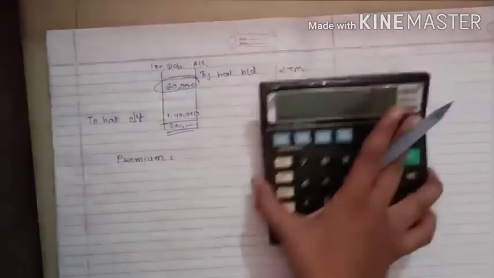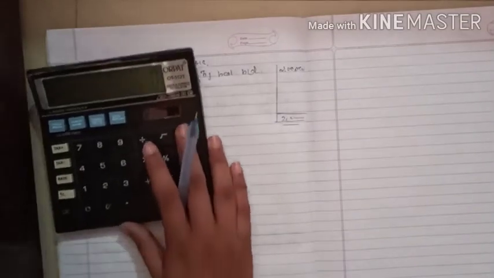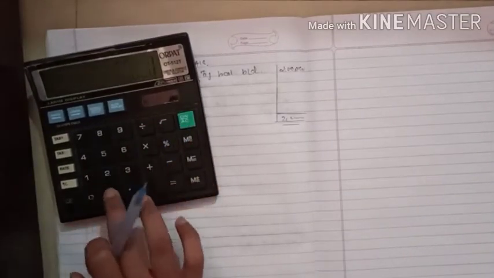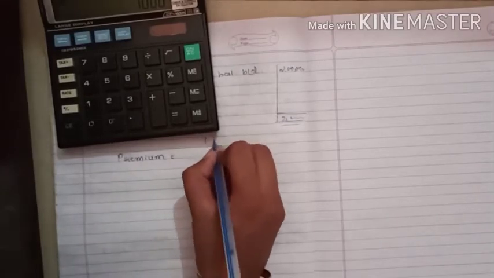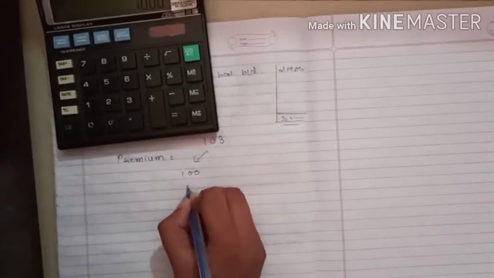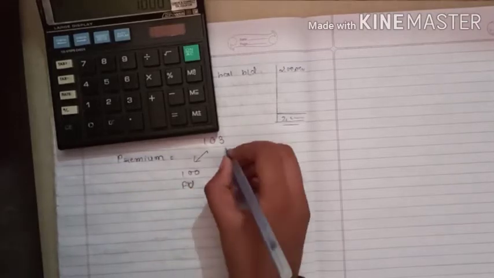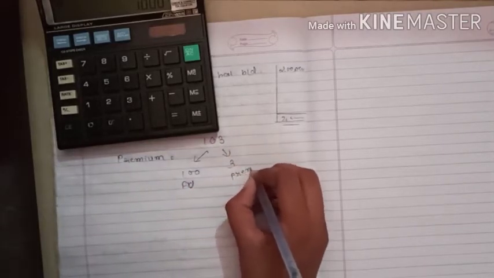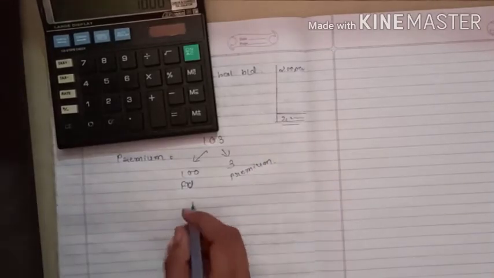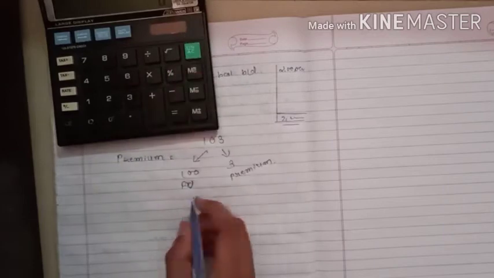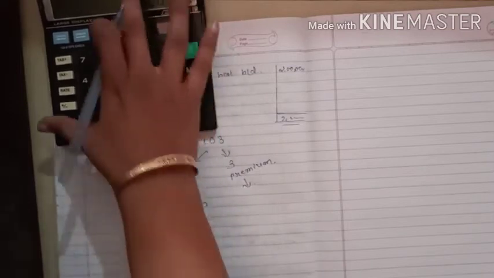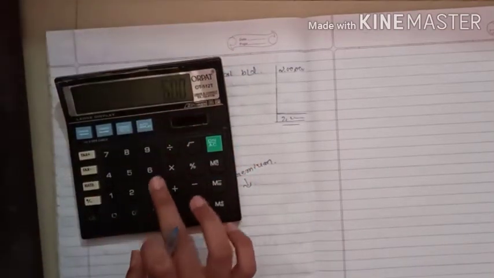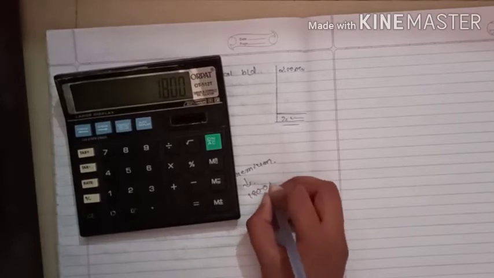When there is a debenture of rupees 100, 60,000 divided by 100 comes to 600, into 3, 1800, because including premium it is 103. 100 is the face value and 3 is the premium, right? So 60,000 is the debenture value and the premium will come 600 into 3, 1800.